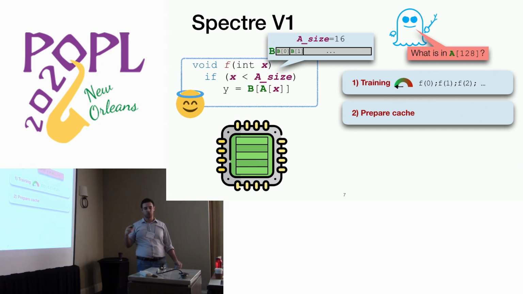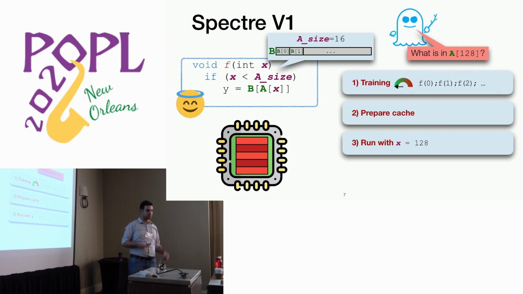The attacker just primes the cache. Actually, it fills the cache with attacker-controlled data. Third step is where the actual attack happens. The Spectre attacker tricks the honest process into executing F with 128.